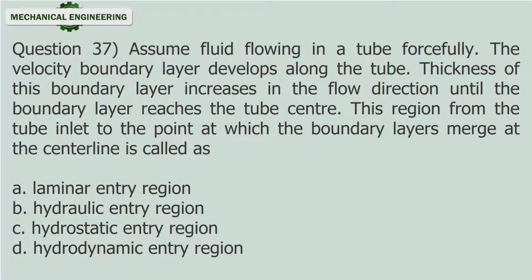Question 37. Assume fluid flowing in a tube forcefully. The velocity boundary layer develops along the tube. Thickness of this boundary layer increases in the flow direction until the boundary layer reaches the tube center. This region from the tube inlet to the point at which the boundary layers merge at the center line is called as A. Laminar entry region.